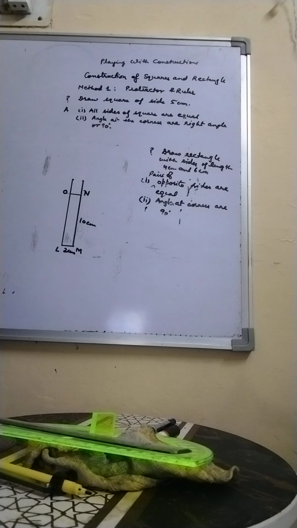Then question 3: is it possible to construct a four-sided figure in which all the angles are equal to 90 but opposite sides are not equal? Opposite sides are not equal. So no, I don't think it is possible. So the third question is all the angles are 90 and opposite sides are not equal.